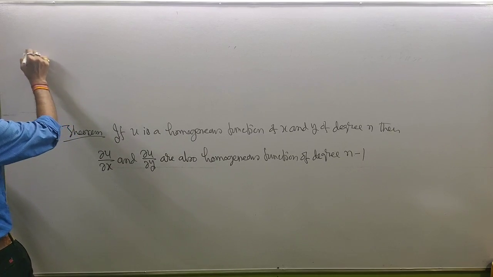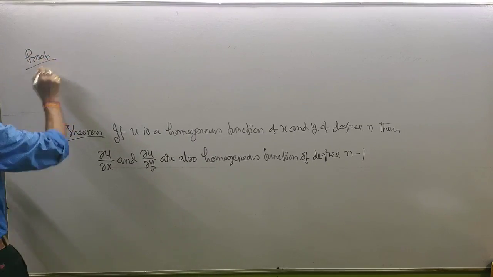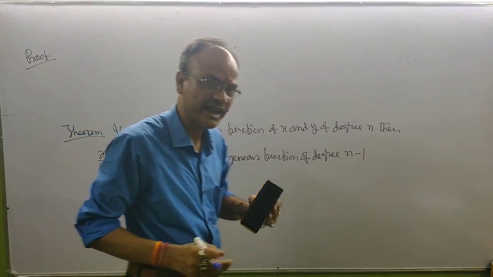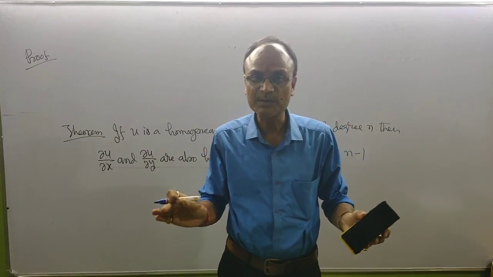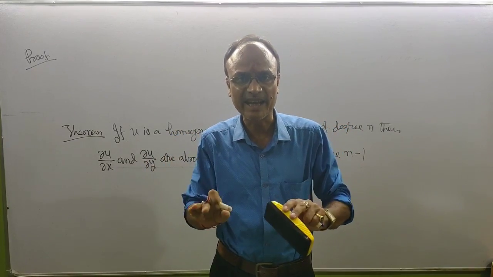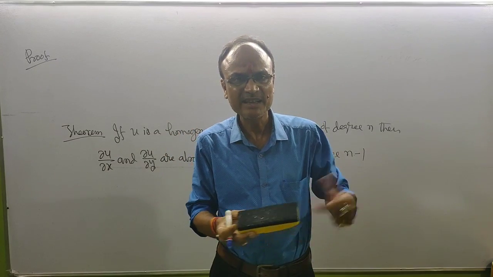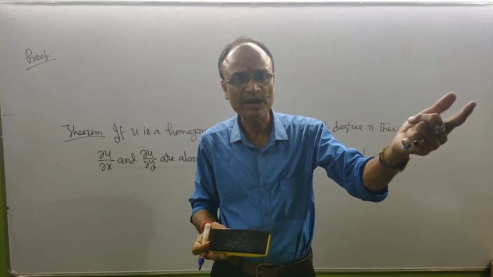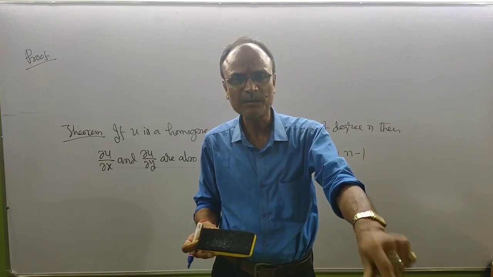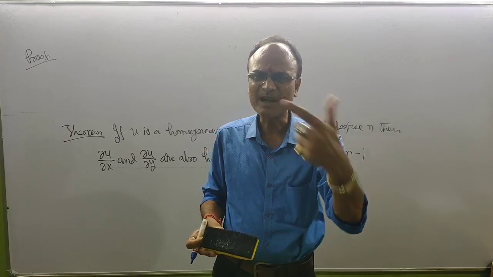Proof. Now, you are given that u is a homogeneous function of x and y of degree n. Therefore, we may write u is equal to x to the power n phi of y by x.